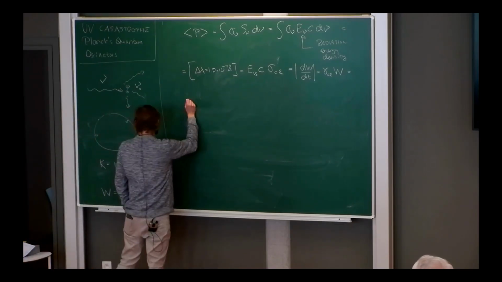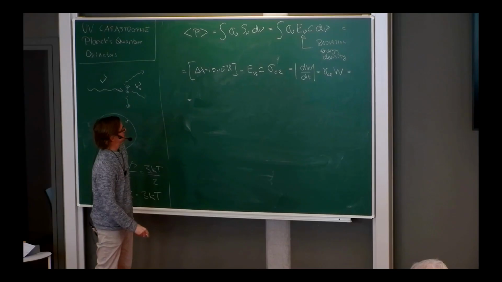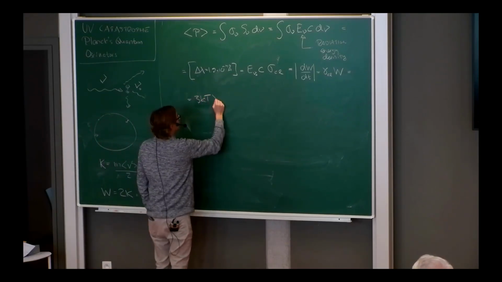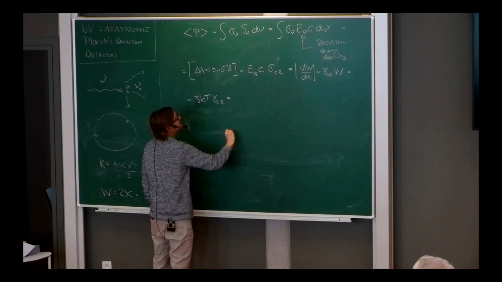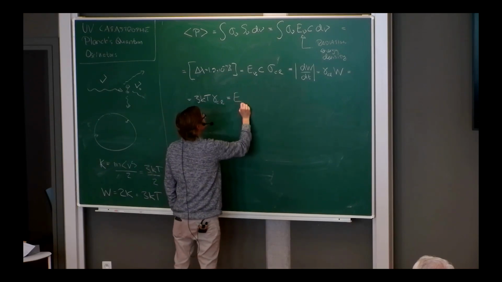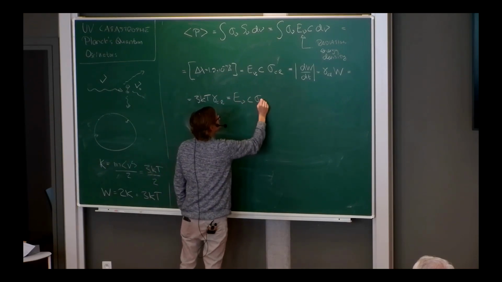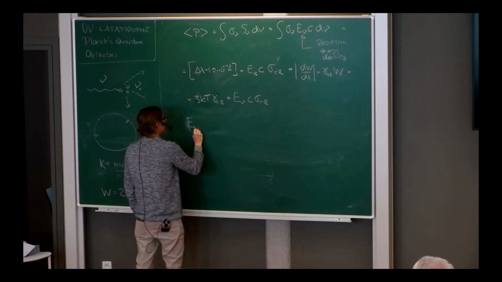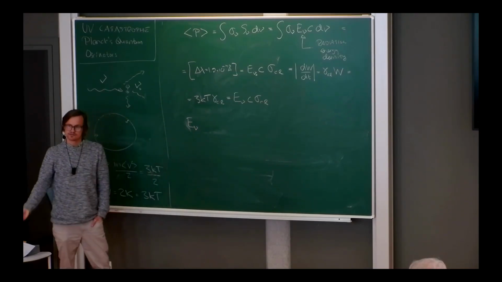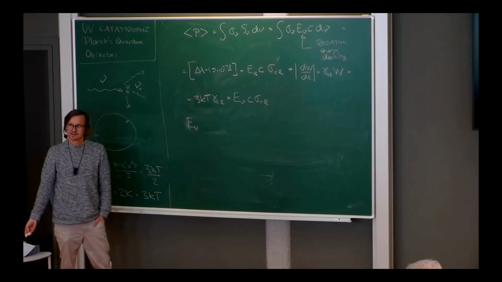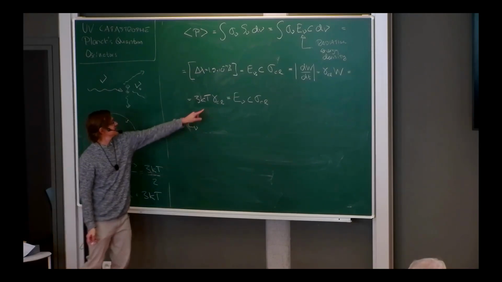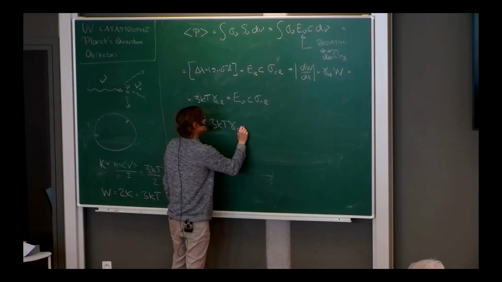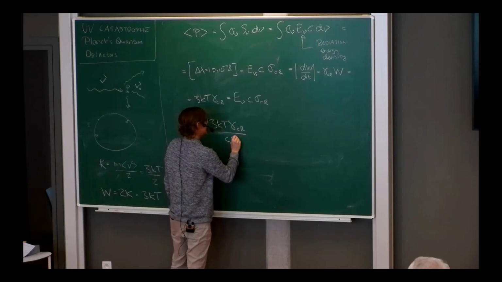So here we have 3 kT gamma classical equal to E nu c. If we now want the spectral distribution of this classical oscillator, it's just E nu equals 3 kT gamma CL divided by c.